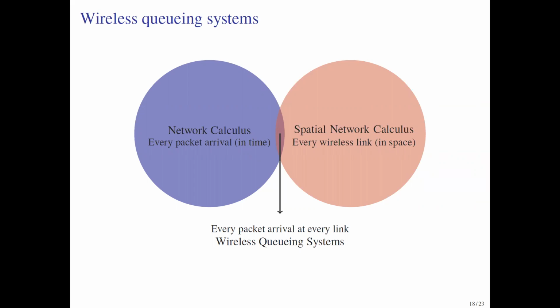Now the goal is we could combine the two regulations in time and space to guarantee something for all packet arrivals for all links in wireless queuing systems.